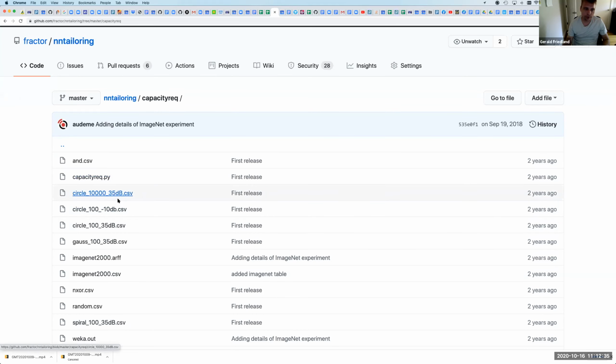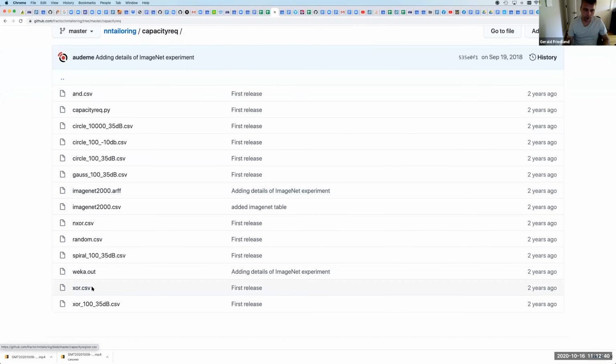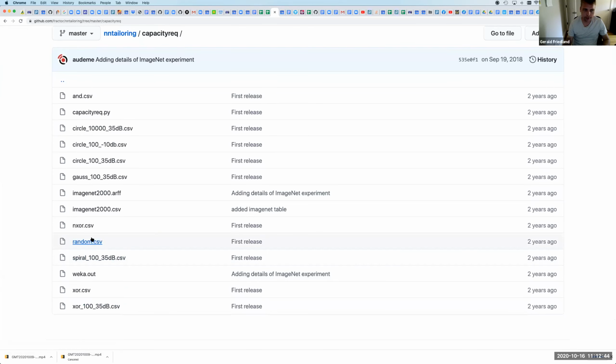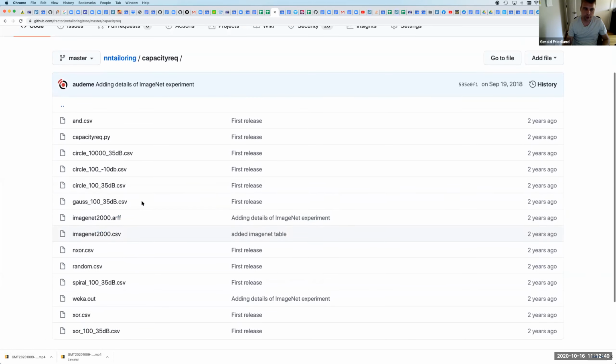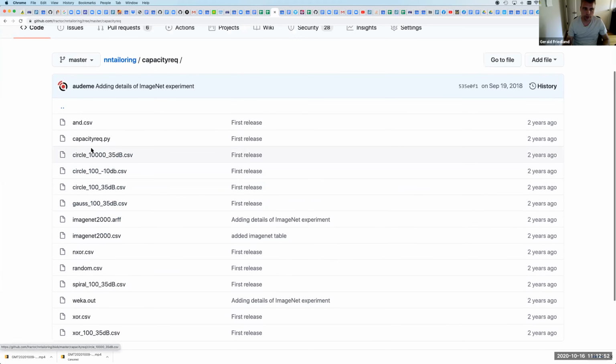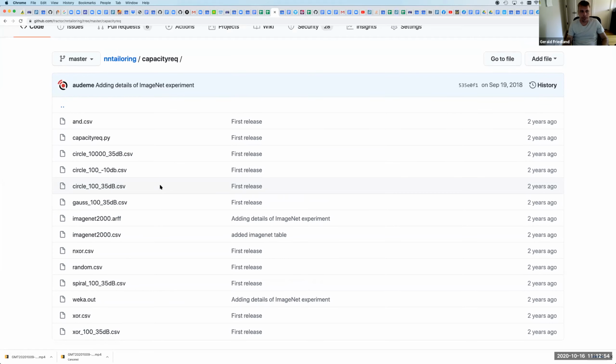I also gave you the CSVs: for XOR, for noise that is completely random and not XOR, the ImageNet experiment that I showed you in lecture, and then a Gaussian, a circle, and so on. You can run the capacity requirement tool on these, and you'll get the expected and the absolute dummy network requirement.